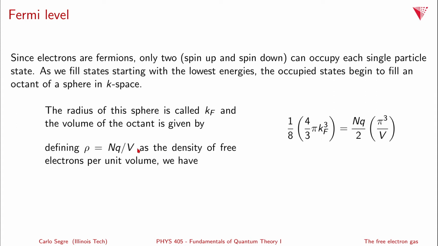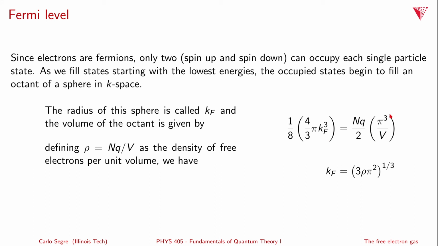If we define rho, the density of free electrons per unit volume, as the number of atoms times q divided by the total volume, then we can rewrite k sub f using this equation and this equation as 3 times rho times pi squared to the 1/3 power. We get the k cubed from here.